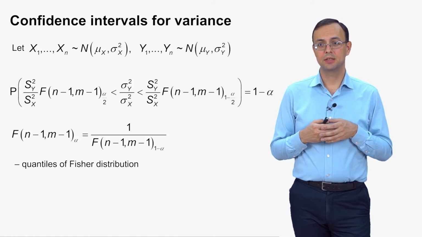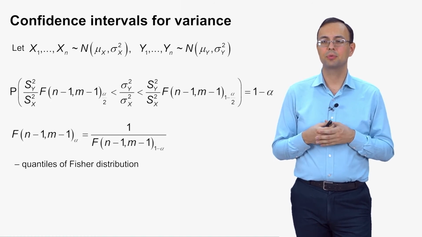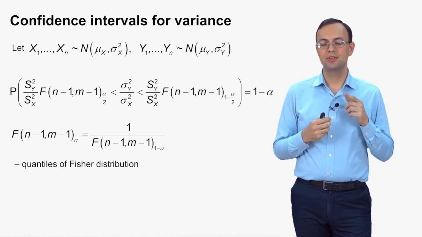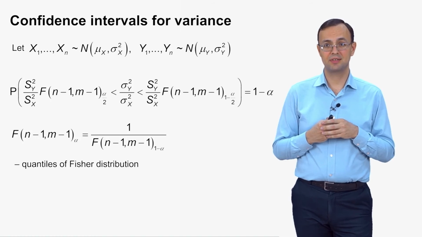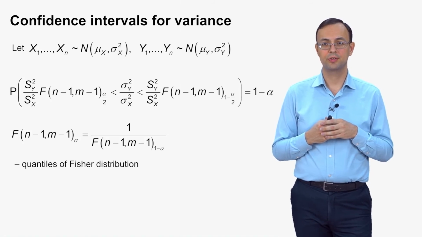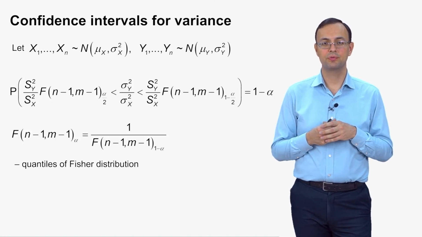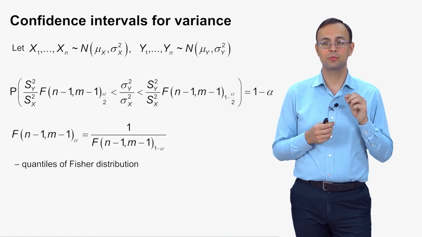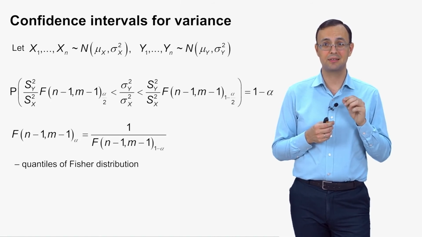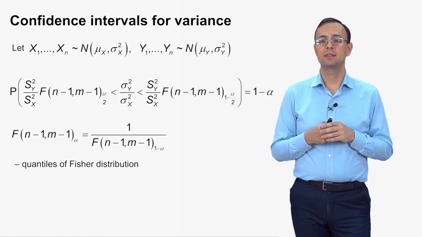And you can see the formula for the confidence interval. This is the situation of two independent samples. So what you see now is a confidence interval for the proportion of variances of two independent samples.